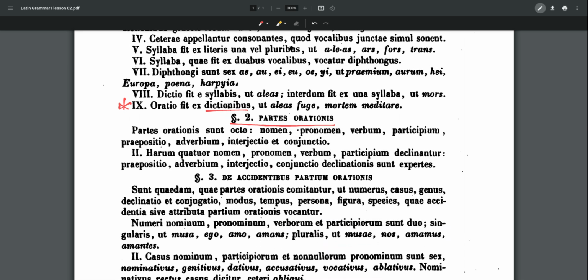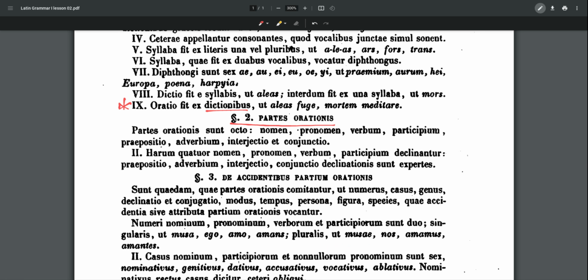Now, the reason why this is important is because if we were to say that we wanted to learn the Latin language, and we learn that speech is made out of words, well, if we want to learn how to speak rightly, or to understand speech in Latin, we would have to then study all of the words of Latin, since they're the parts of the language, and the speech is composed of those parts, of words.